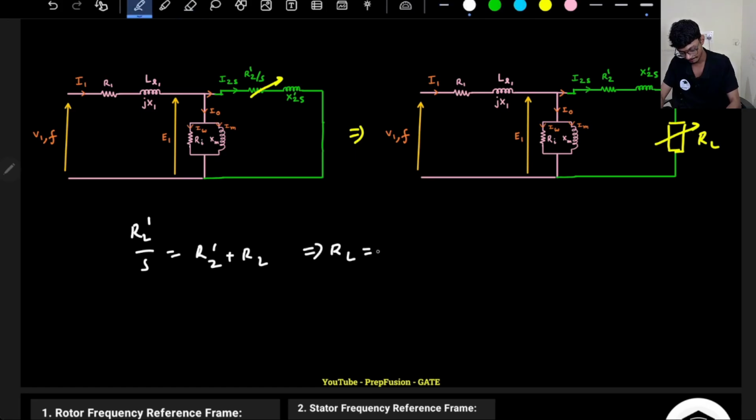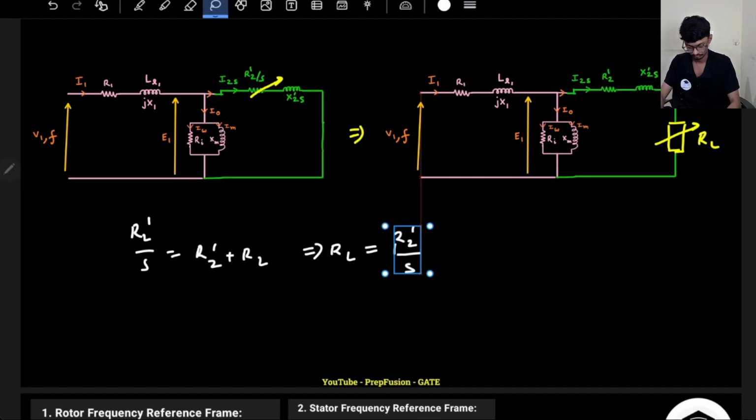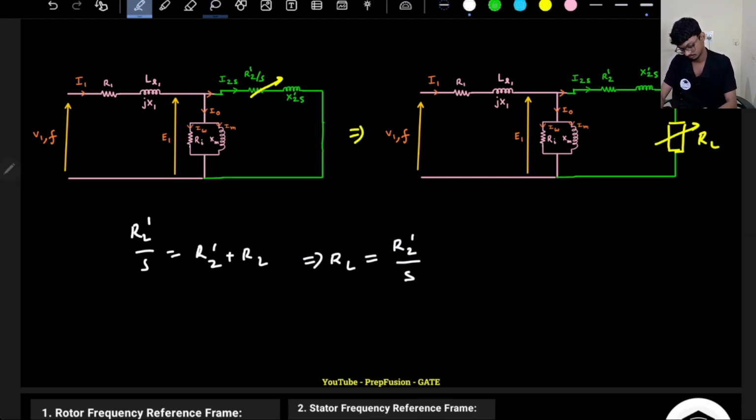RL equals R2 dash by S minus R2 dash, okay? So this will be R2 dash into (1 by S minus 1), okay?